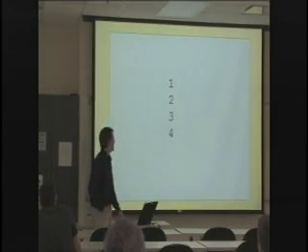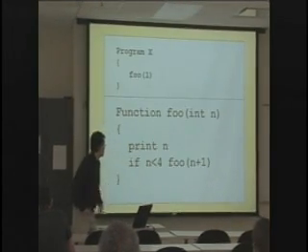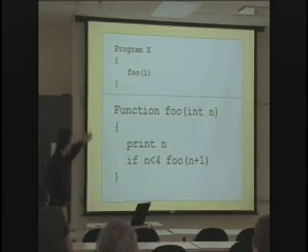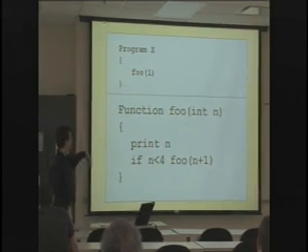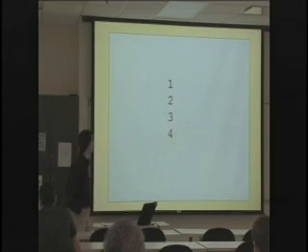Instead of printing hi, hi, hi, hi, it's going to print 1, 2, 3, 4. See that? Let's go back to the code. First time into the code, n is 1, and that's what it's going to print. And it's going to call itself with n plus 1, so then it'll print 2, and so on. And we'll get 1, 2, 3, 4.